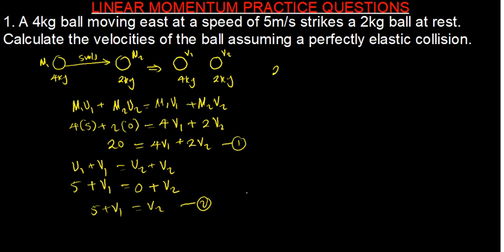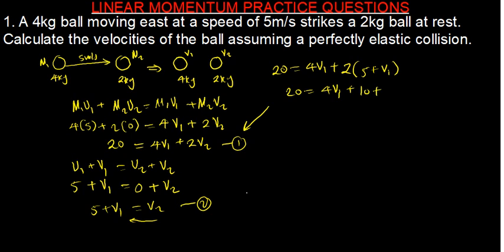In the first equation, where we can see v2, we can replace it. So we have 20 is equal to 4v1 plus 2v2. Where there was v2, we are going to substitute. We know that v2 is equal to 5 plus v1. So that gives us 20 is equal to 4v1 plus 10 plus 2v1.